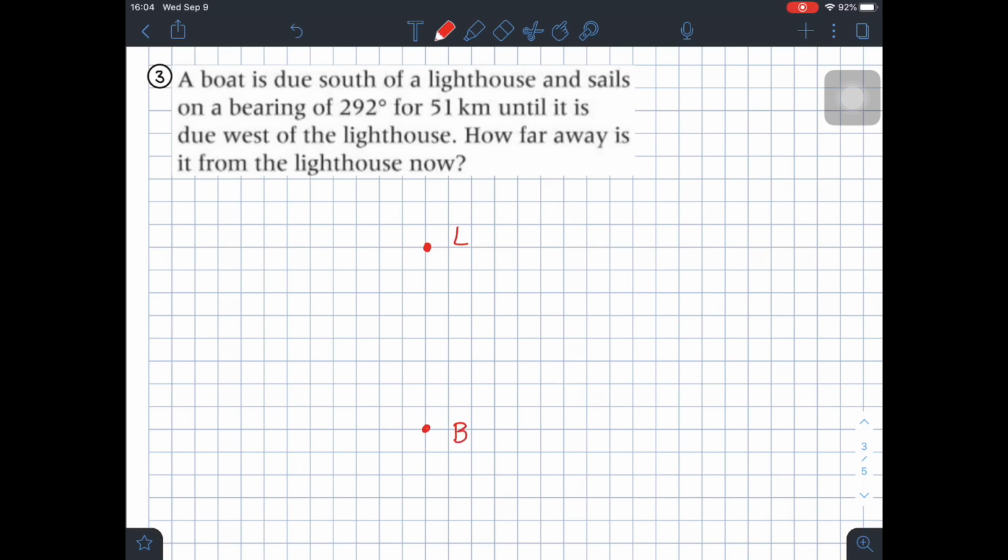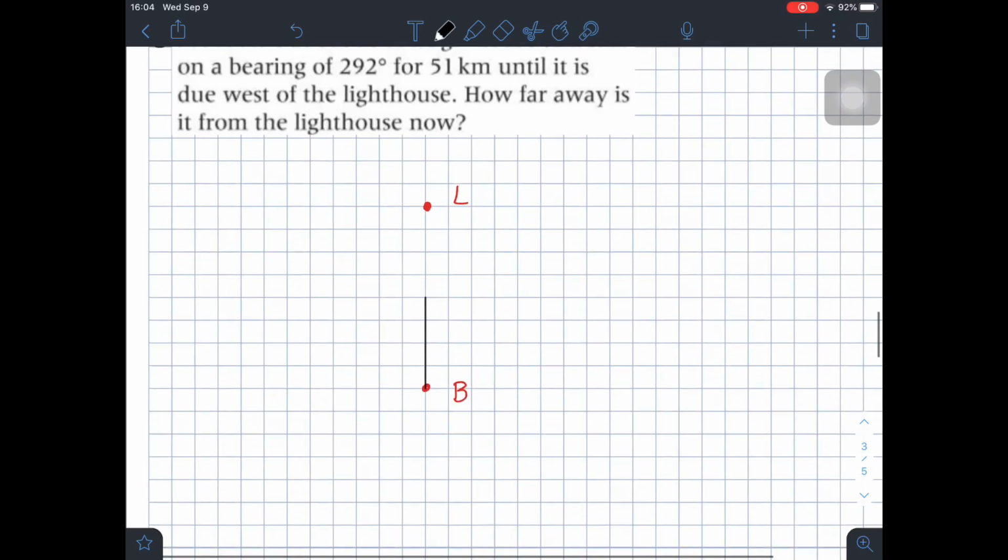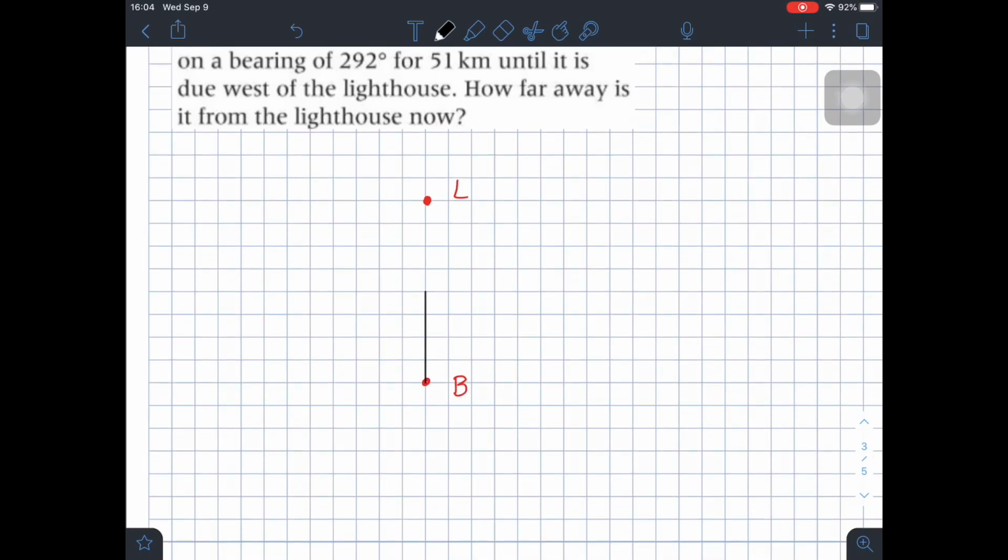Then it says the boat is traveling on a bearing of 292 degrees. When we're given it in this format, remember we should always begin at north and then do our bearing, right? So from north we go, this is 90 degrees, then this is 180 degrees, then this would be 270 degrees.